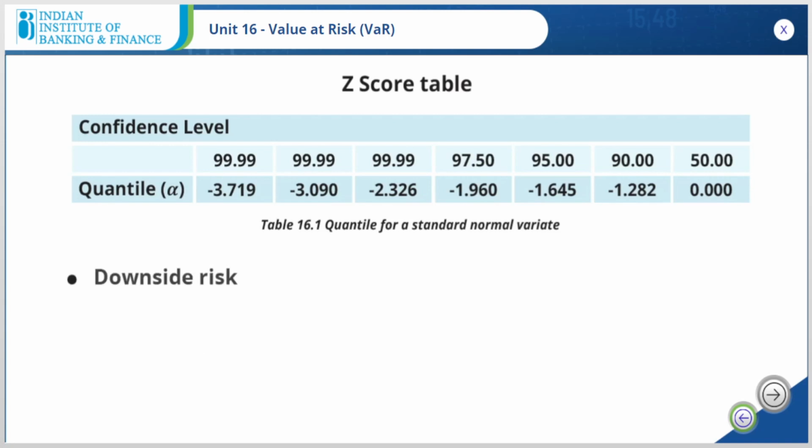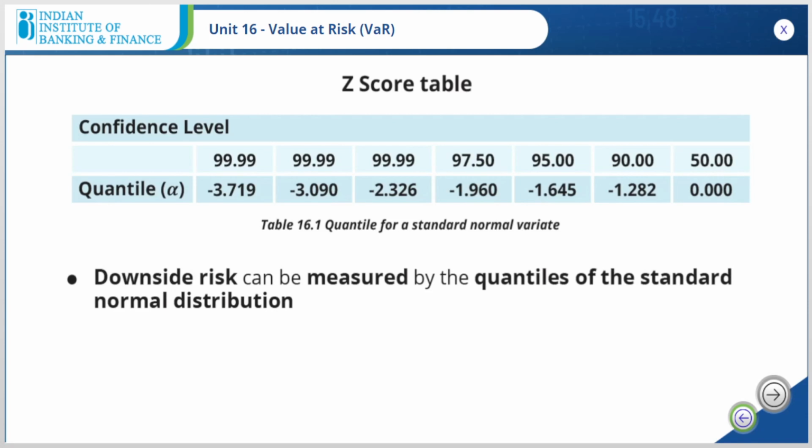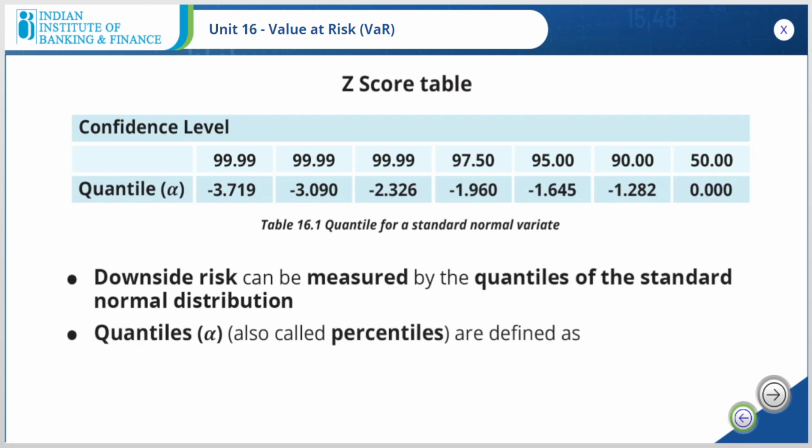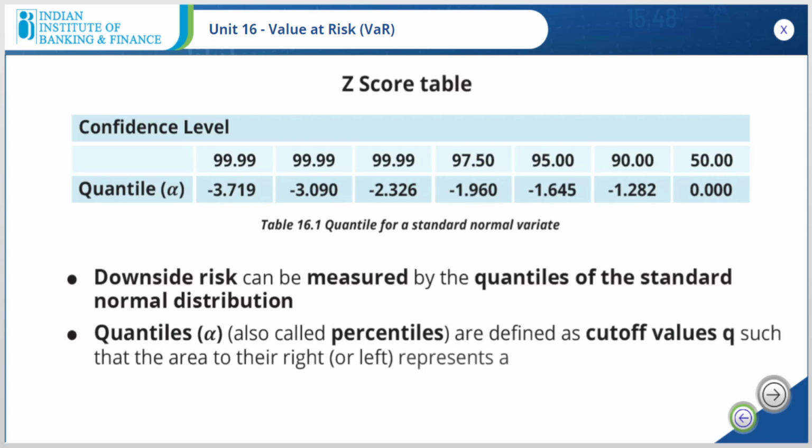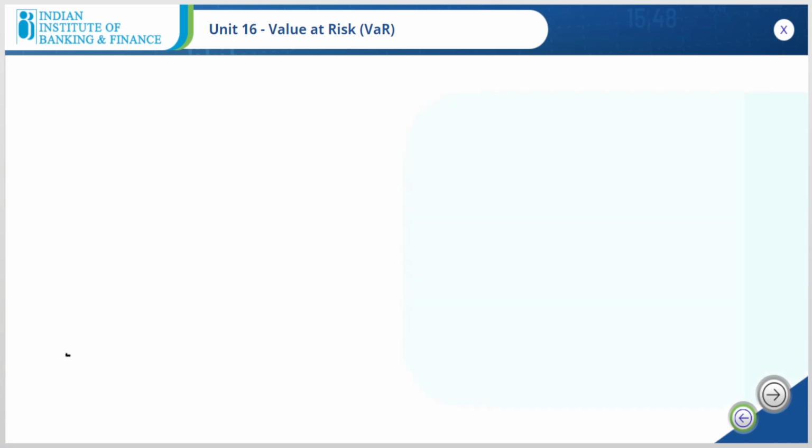More generally, downside risk can be measured by the quantiles of the standard normal distribution. Quantiles alpha, also called percentiles, are defined as cutoff values Q such that the area to their right or left represents a given probability C.